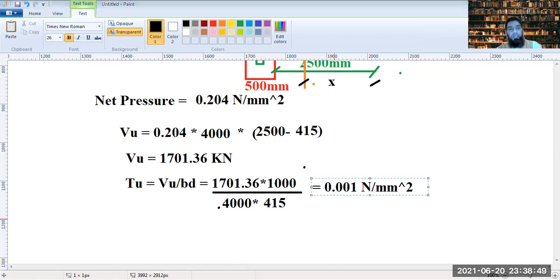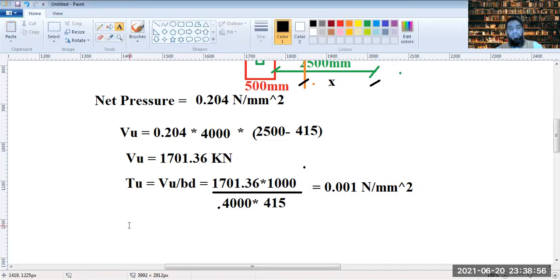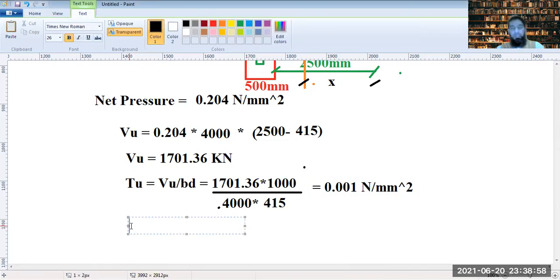So what we have now obtained is the value of tau V, the one-way shear stress that's acting on this footing.